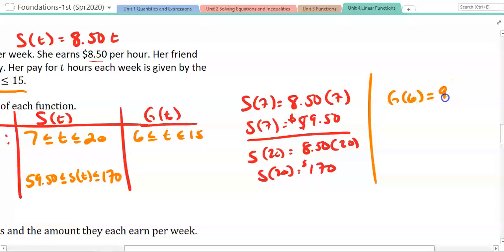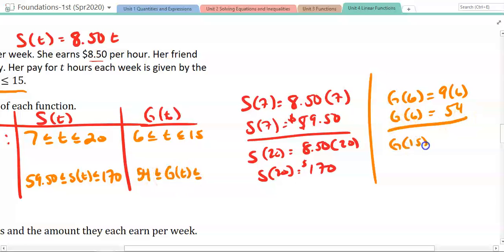So that's going to be the 9 times the 6, and that's 54. So g of 6 is 54, less than or equal to g of t, less than or equal to g of 15. So 9 times 15, and so g of 15 is 135. So she can make up to 135.